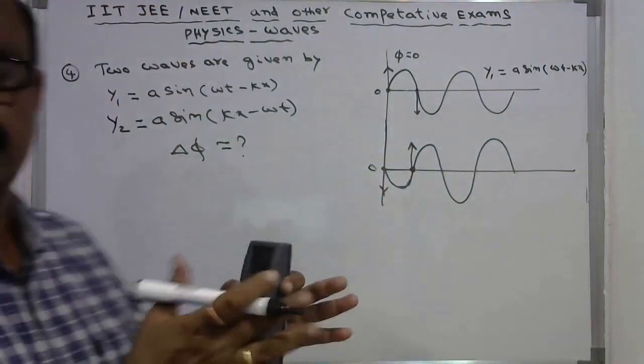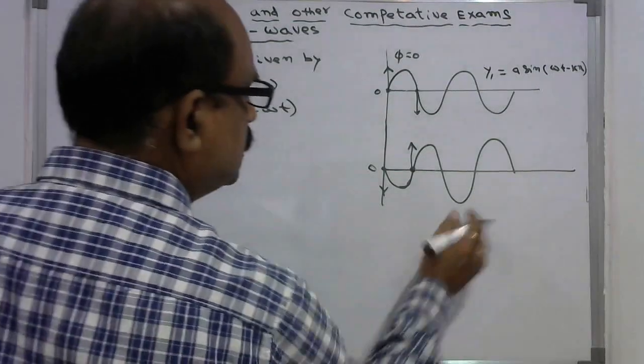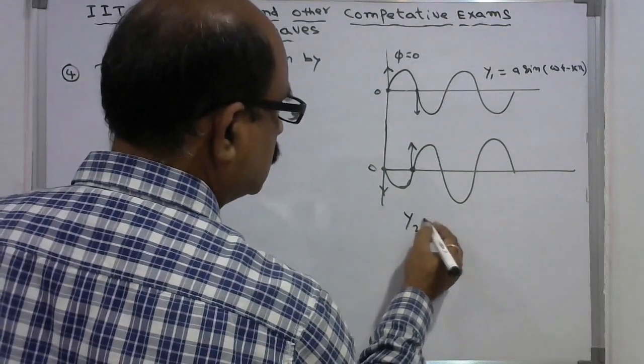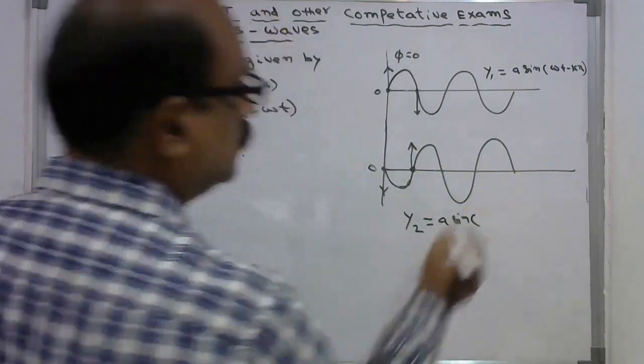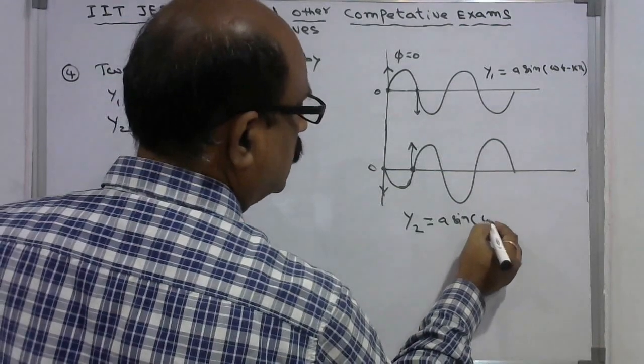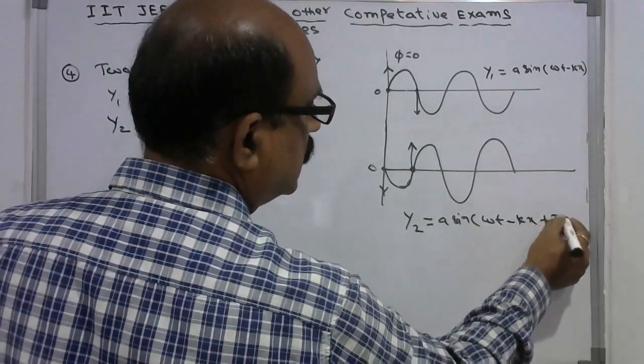So they are quite opposite in direction. That is why this equation can be written as a sin(omega t minus kx plus phi). I write here.